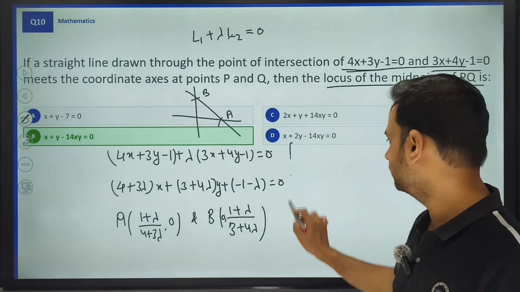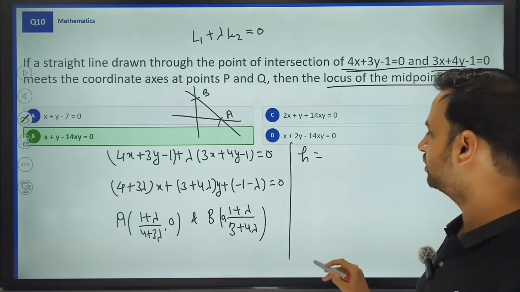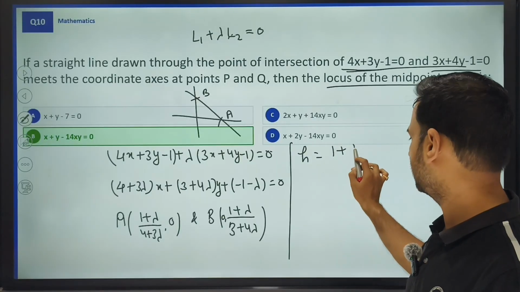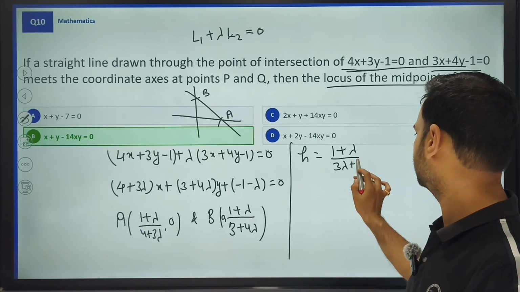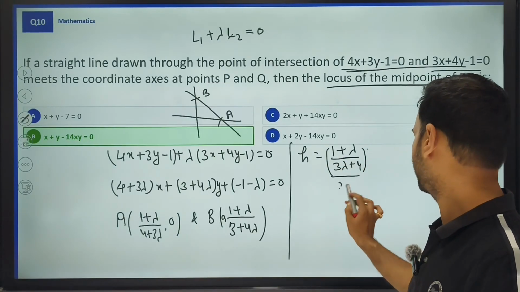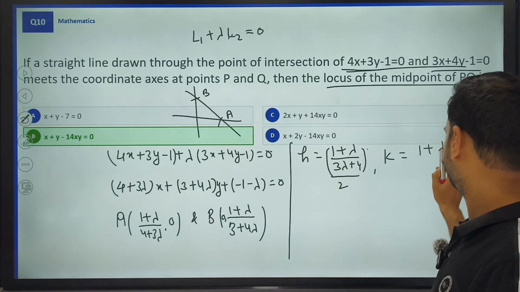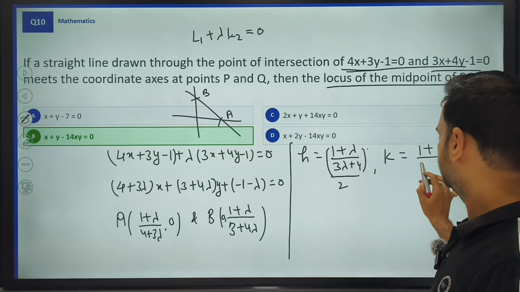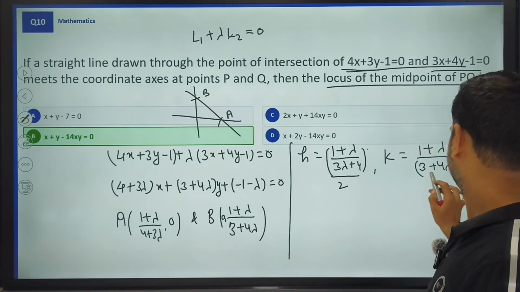We have to find out the midpoint. So h equals a plus b by 2. So h will be (1 plus lambda) upon (3 lambda plus 4), by 2. K will be (1 plus lambda) upon (3 plus 4 lambda), by 2.